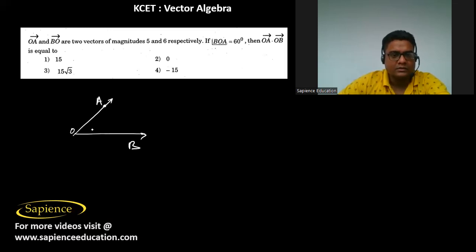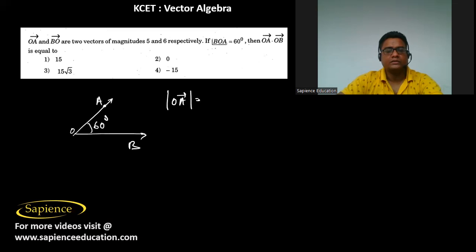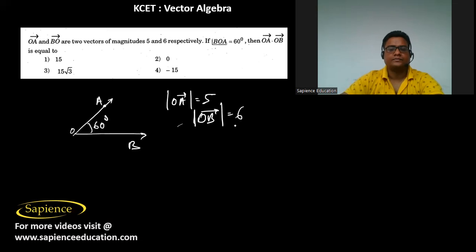So then the angle BOA is 60 degree, and the magnitude of vector OA is 5 and the magnitude of vector OB is 6. Angle BOA, I can say this is theta, which is 60 degree.